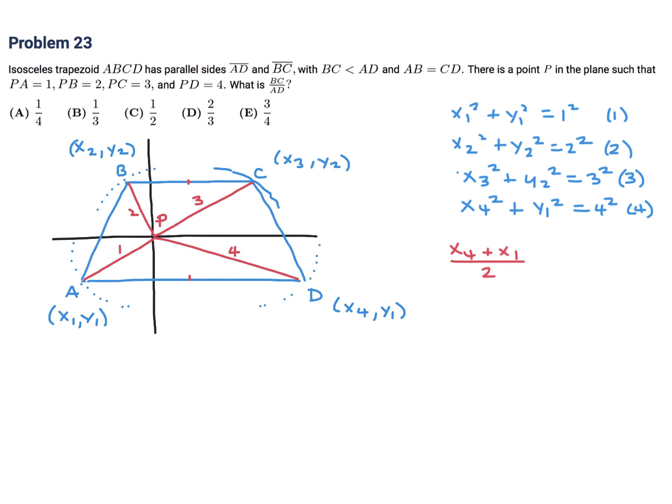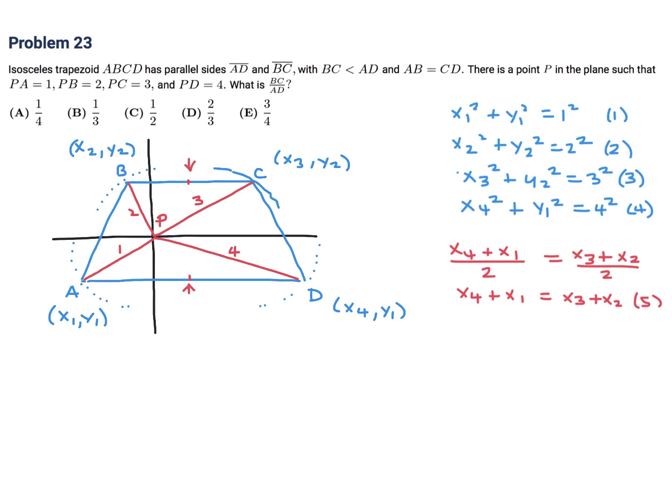That's going to give you this guy right here. And then that's going to be the same as this one, which is calculated with x3 plus x2 over 2, like that. So then you just get rid of the 2's, and therefore x4 plus x1 is equal to x3 plus x2. And this can be our equation 5, which hopefully we'll use later on.